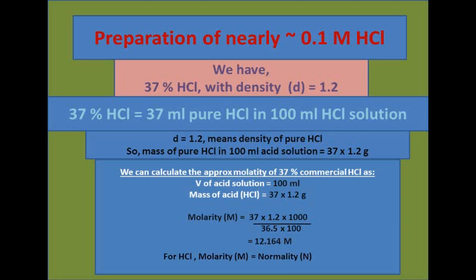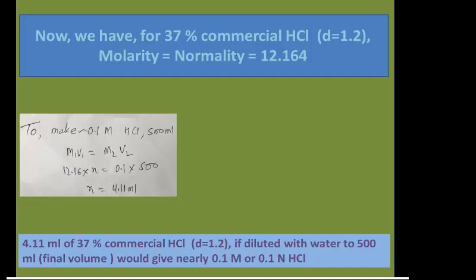So finally, the molarity or normality of the hydrochloric acid that is available commercially is around 12.164 molar. Now we have the approximate molarity of the commercially available concentrated hydrochloric acid, which is around 12.164.